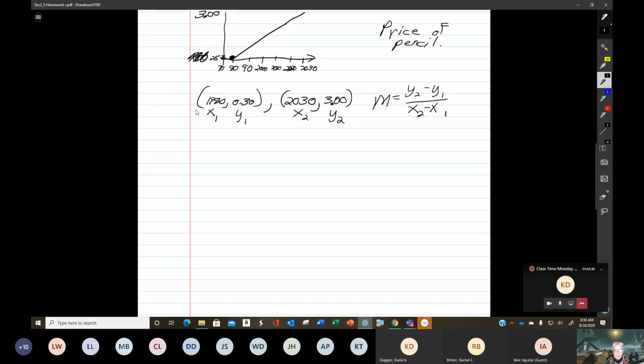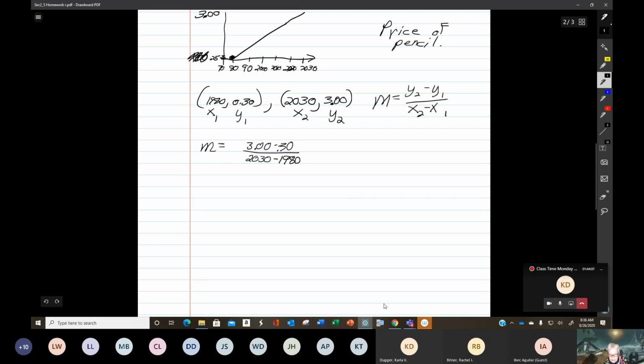And we find the slope by taking these numbers and putting them up here. So M is going to equal y2 minus y1, that's $3 minus 30 cents, over x2 minus x1, which is 2030 minus 1980.